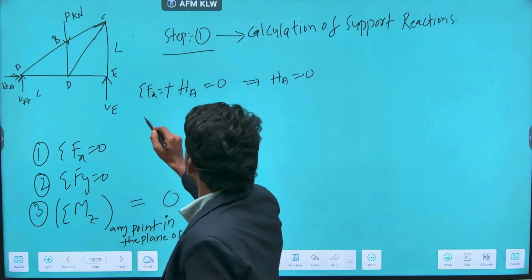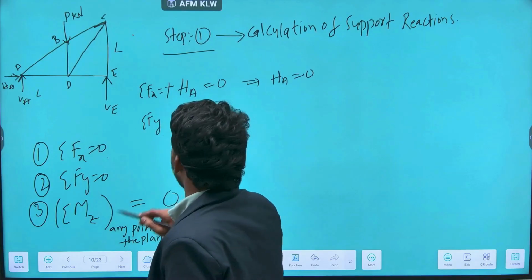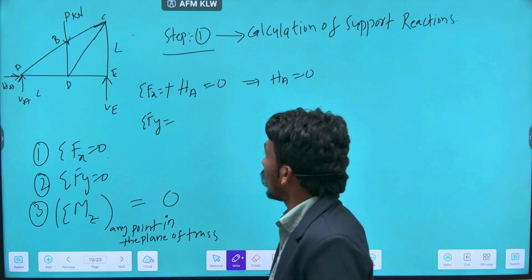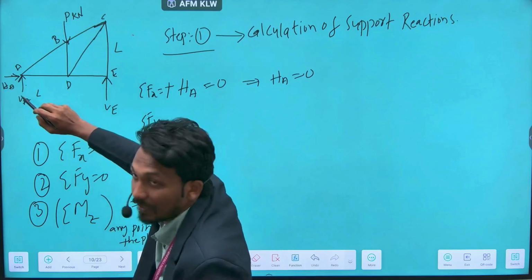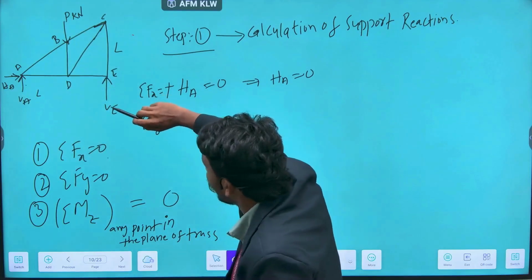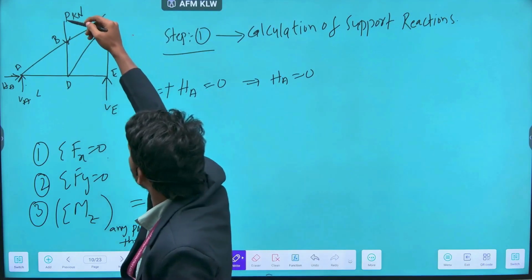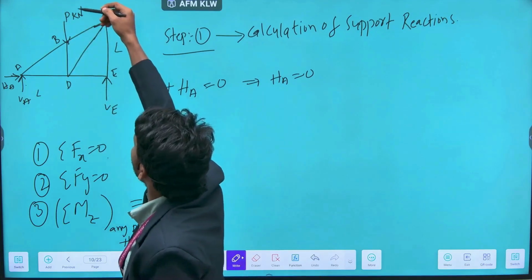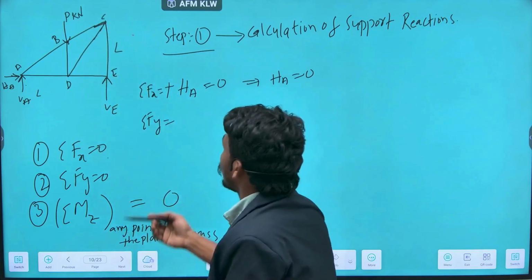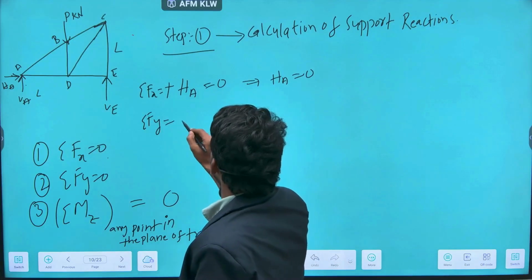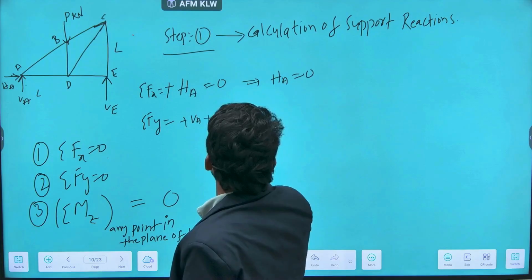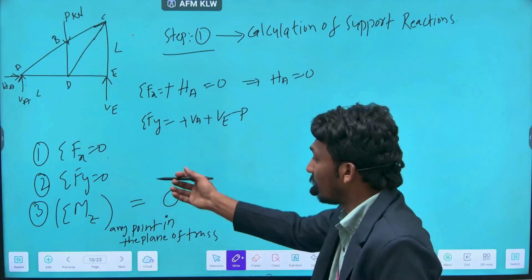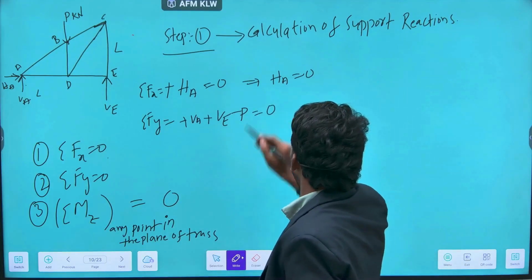Then let us calculate sigma Fy, the summation of forces in the vertical direction. Here I have force VA acting vertically upward, I have force VE acting vertically upward, and I have the external load P. These are external support reactions, and this is the external load acting downward. Downward is negative, so I write plus VA plus VE minus P. This is my sigma Fy, but as per the equilibrium condition, sigma Fy is 0.